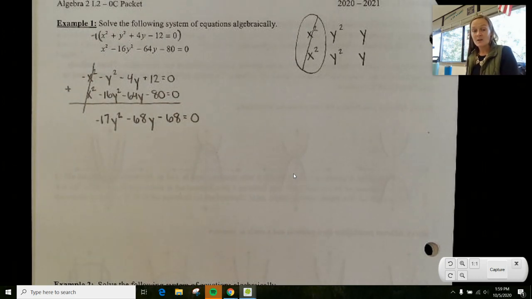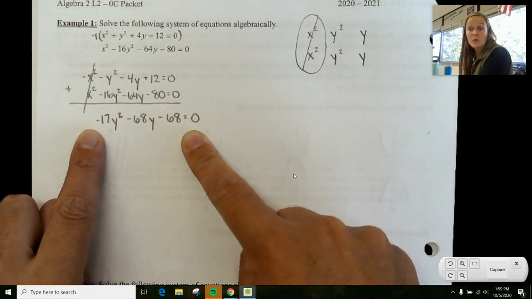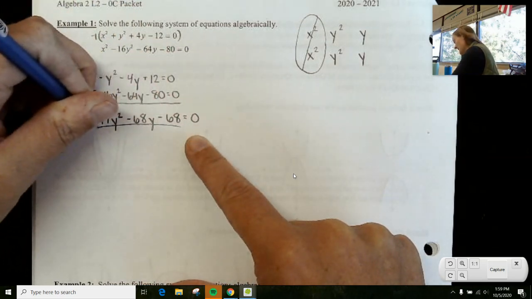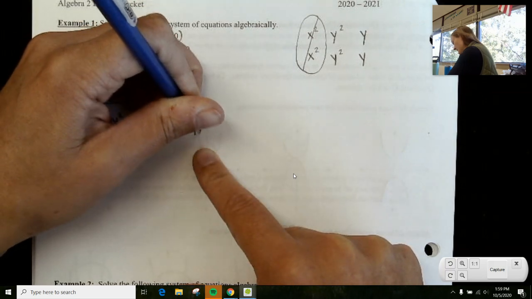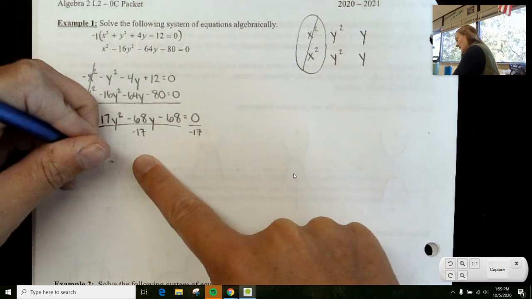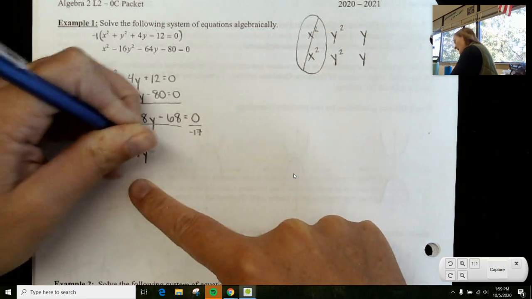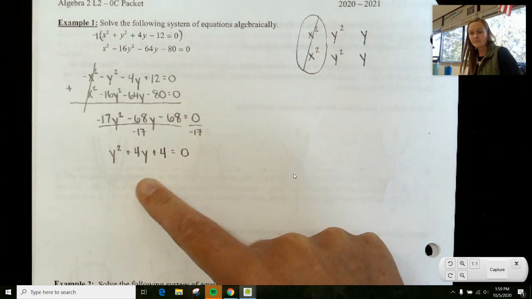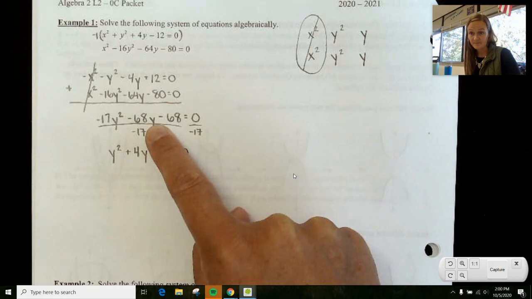So in order to solve this equation that now is a quadratic with y's only, I can divide both sides by negative 17 to simplify. So I end up with y squared plus 4y plus 4 equals 0. That's a lot simpler to factor than this right here.